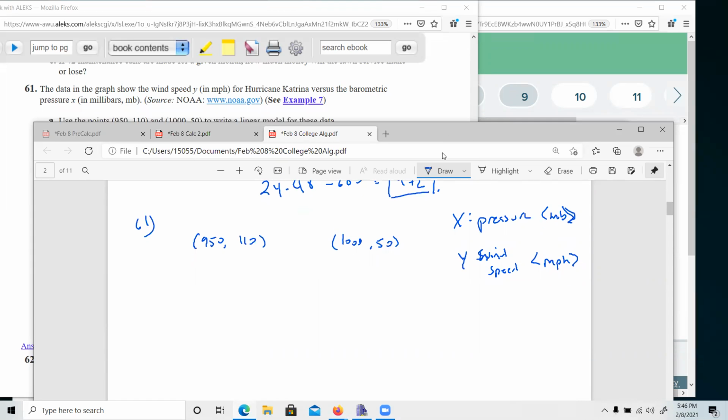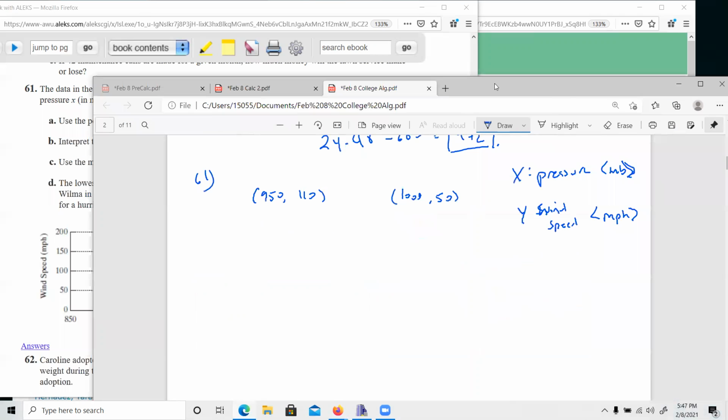So I think the first thing they're asking for, right, write a linear model. Okay. So we have 2 points. The first thing we have to do, right, given 2 points, here's the plan. We are going to determine the slope: y2 minus y1 over x2 minus x1. We are going to use point slope form.